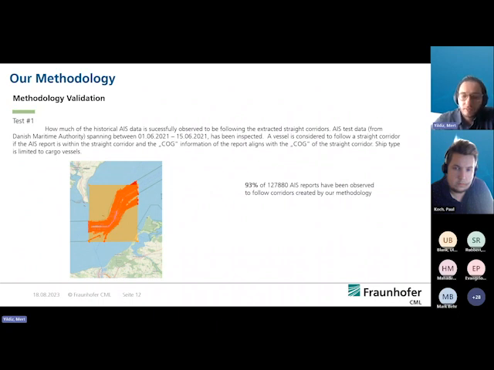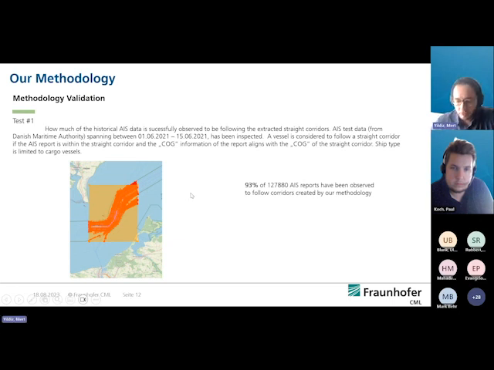An AIS report is assumed to be following the corridor if the latitude and longitude are inside the corridor and if the course over ground of the vessel is aligning with the corridor. And 93% of nearly 100,000 AIS reports extracted in this 14-day span were observed to be following the corridors created by our methodology.